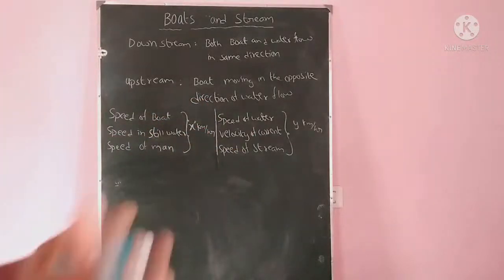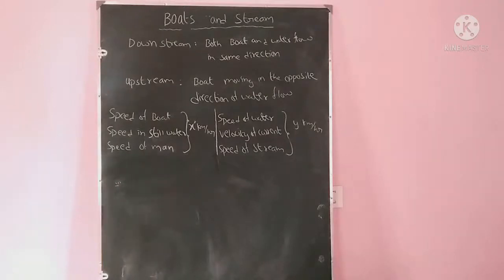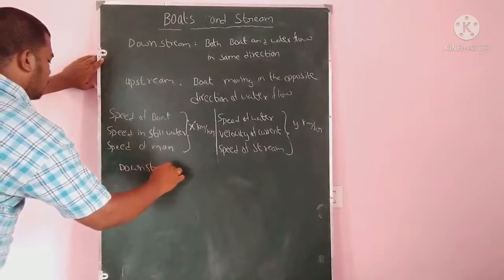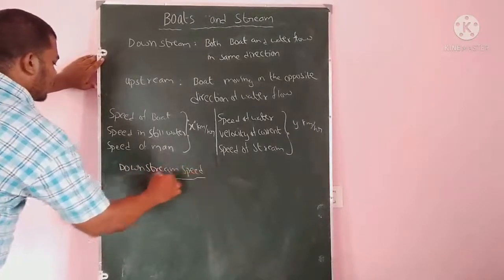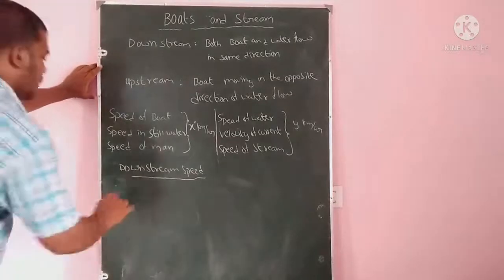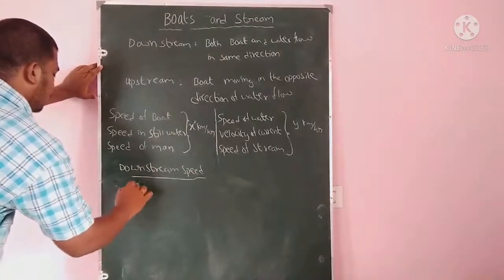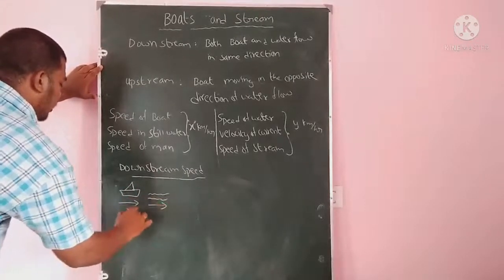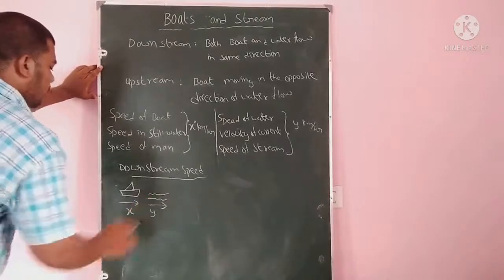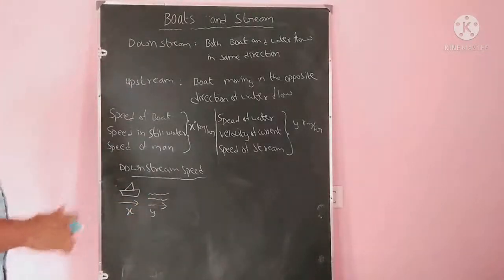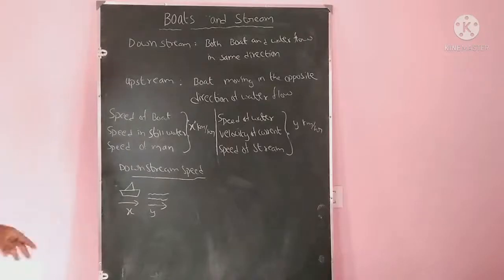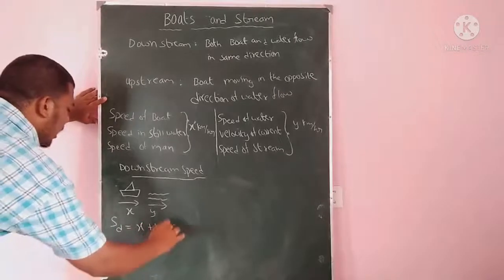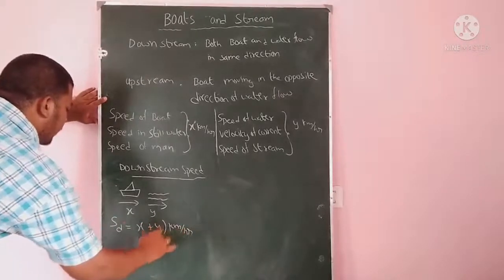Now we will see what will be the speed in downstream and upstream. In the downstream case, the boat and the water are both in the same direction, x and y. So in this case, for the boat, the water speed will be added. So speed in downstream is written as x plus y kilometers per hour.